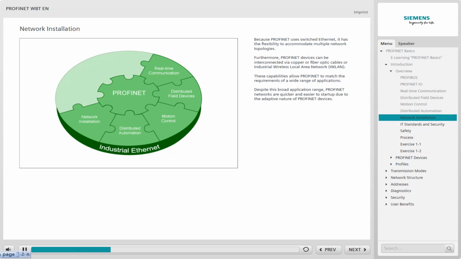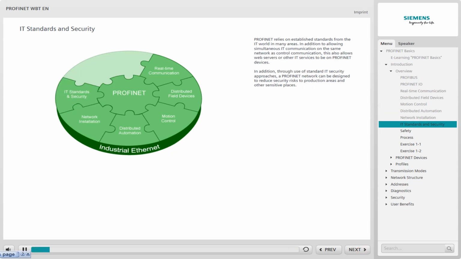Furthermore, PROFINET devices can be interconnected via copper or fiber optic cables or Industrial Wireless Local Area Network, IWLAN. These capabilities allow PROFINET to meet the requirements of a wide range of applications. But despite this broad application range, PROFINET networks are quicker and easier to start up due to the adaptive nature of PROFINET devices.